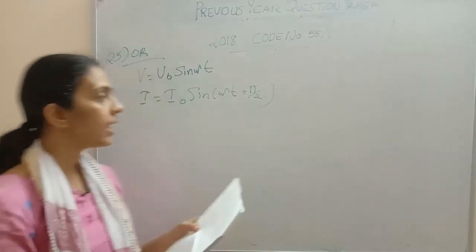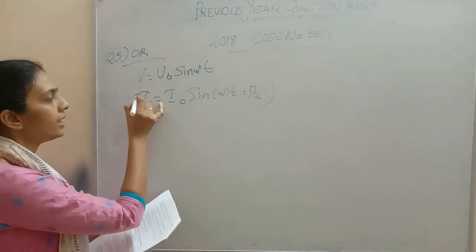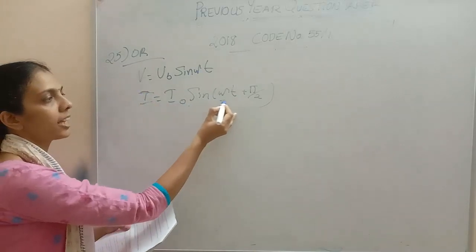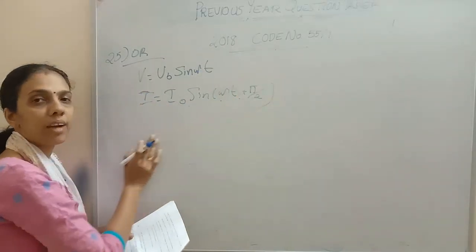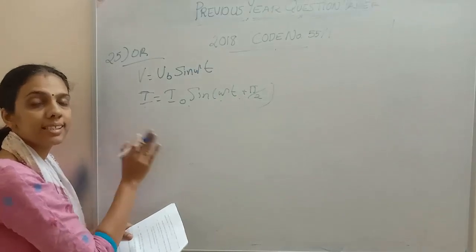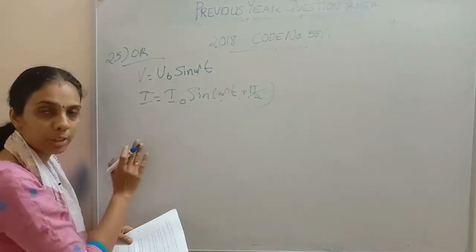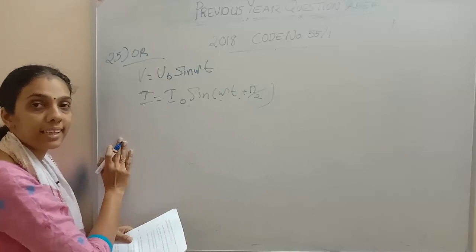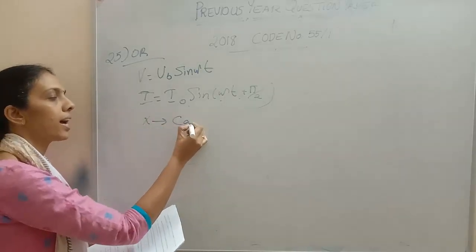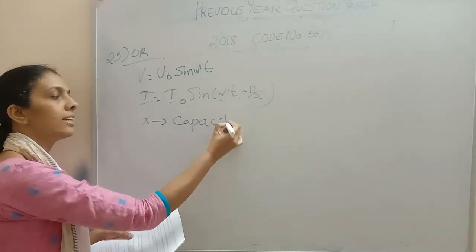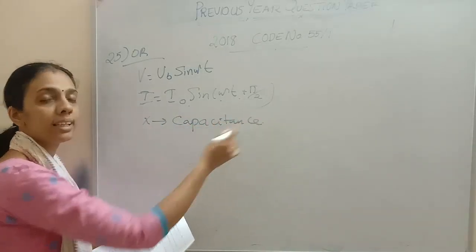The current is I equals I0 sin(omega t + pi by 2), so the current is leading by pi by 2. So what is X then? Only a capacitor will be leading.